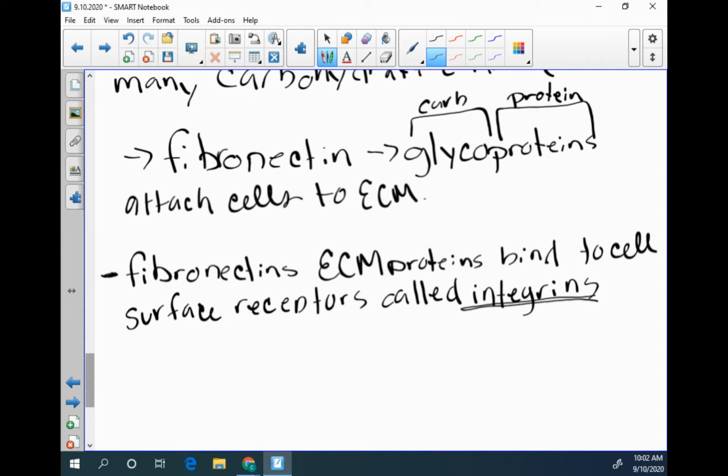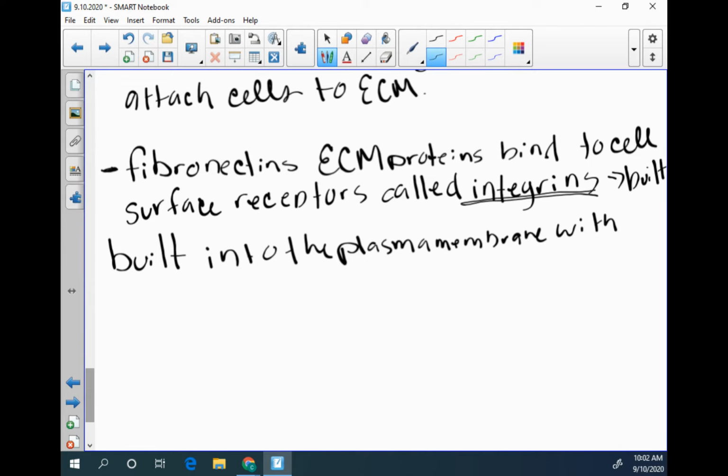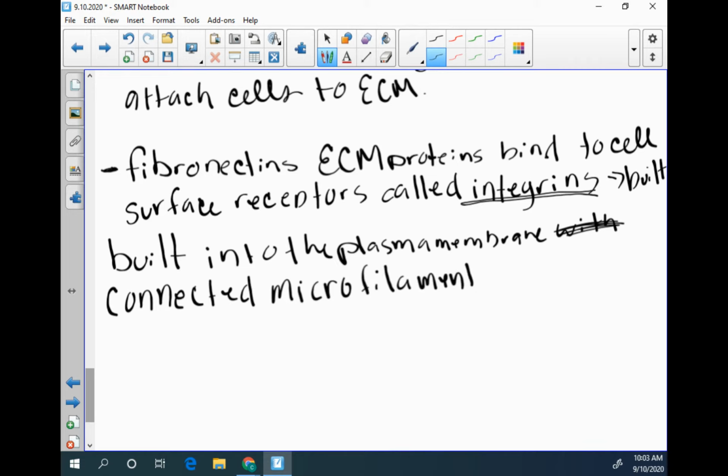And those integrins are built into the plasma membrane, and they are connected to microfilaments on the inside.